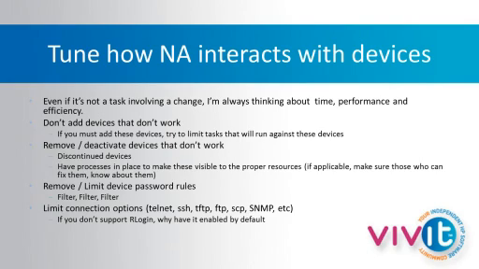It's one of those, if a tree falls in a forest, does it make a sound? If NA can't get to a device, does anybody really know other than yourself? You need to make sure that somebody who can fix that problem is aware of it and is going to resolve that issue.